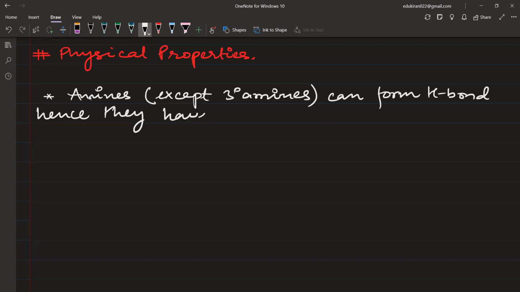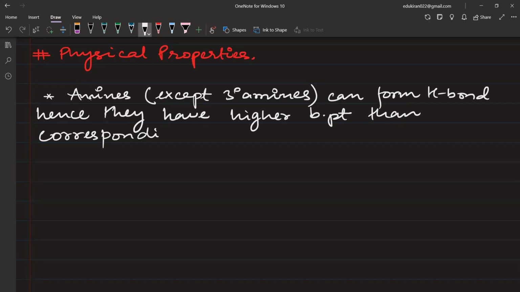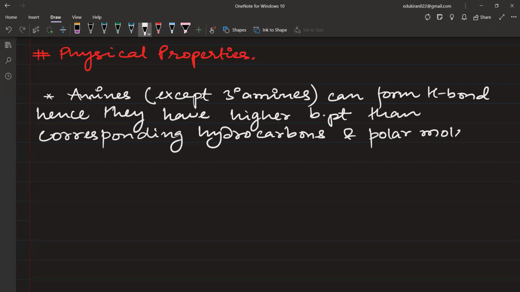Hence, they have higher boiling point than corresponding hydrocarbons and non-polar molecules. Next point.